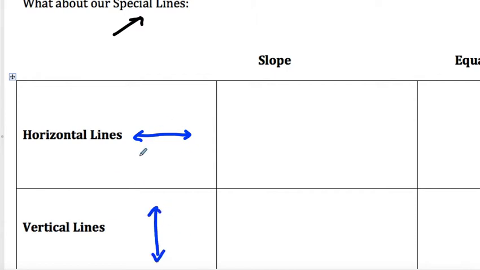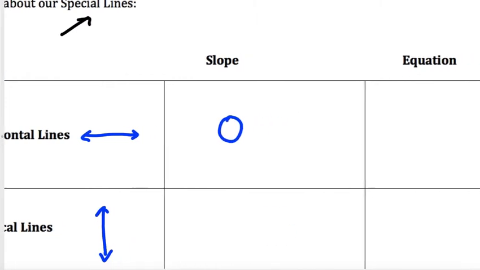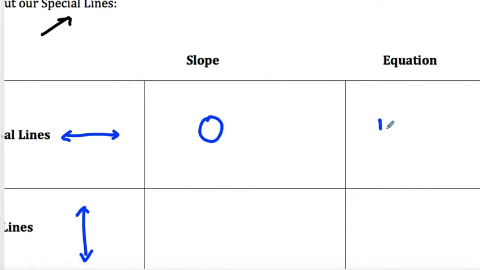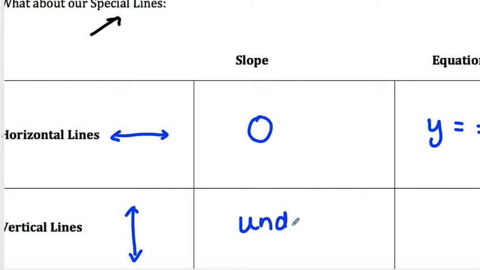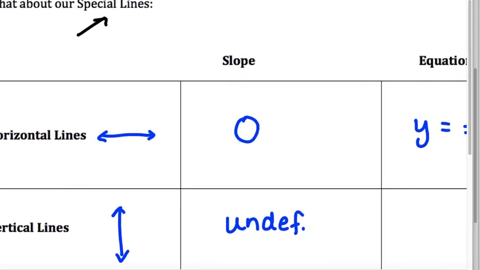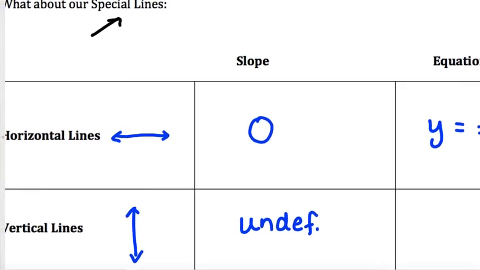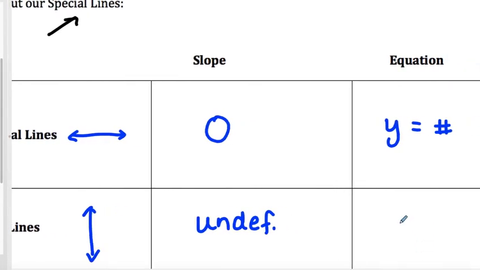Well, we know that the horizontal lines have a slope of 0. And we know their equations are always going to be y = a number. Vertical lines have undefined slopes. And their equations are always going to be x = a number.